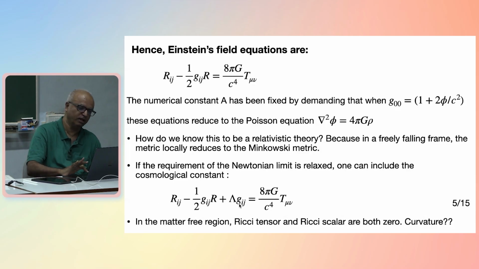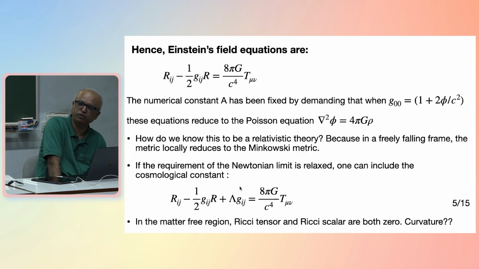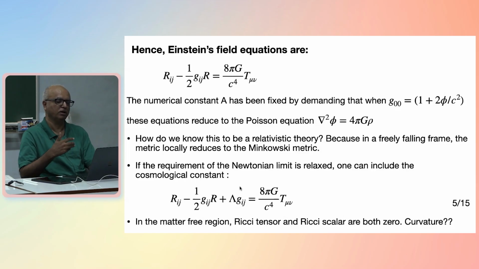There are people like Subir Sarkar and his group saying that maybe the universe after all may not be homogeneous and isotropic, and some inhomogeneities are causing an illusion of acceleration. Okay.